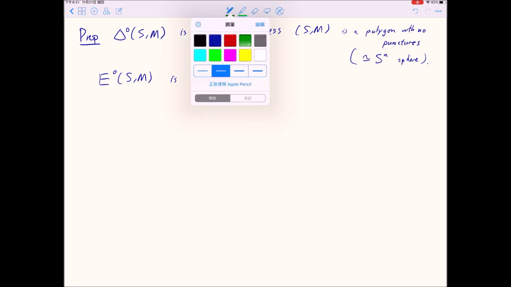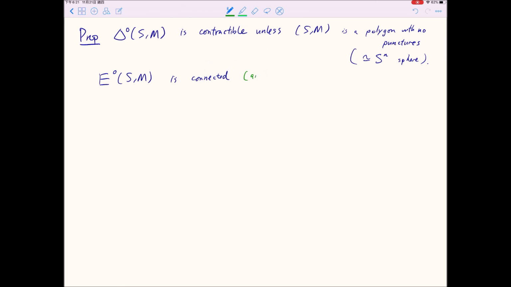And this really is just saying that you can obtain any triangulation from another by flipping. Right?